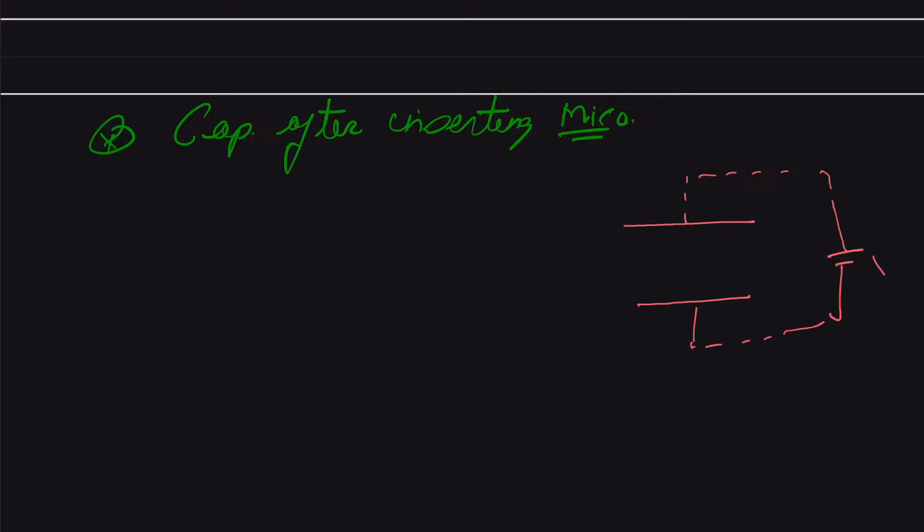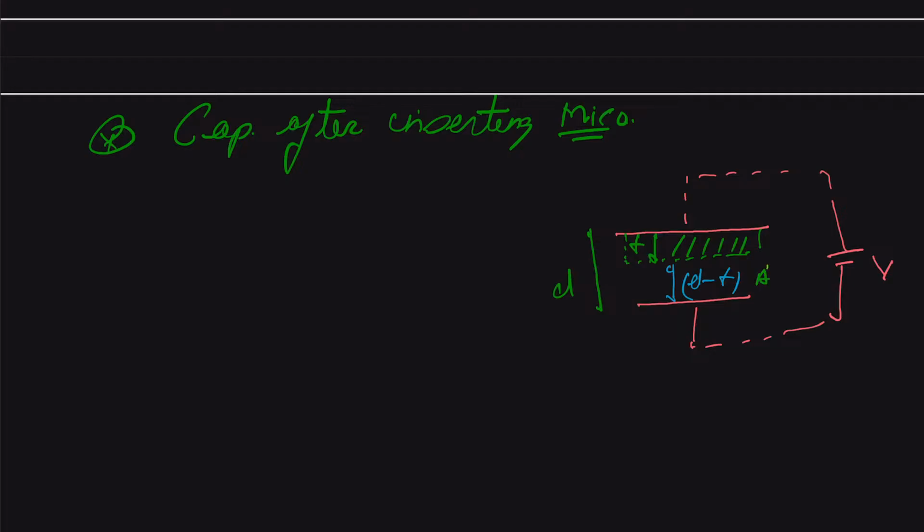So this is always V here, and when the mica sheet is inserted, let us suppose this is our mica sheet, and this thickness is T. So if D was our original thickness, then the remaining thickness in which the air will be present will be D minus T. So we are going to have two capacitors here, one with mica sheet as a dielectric and one with air as dielectric.